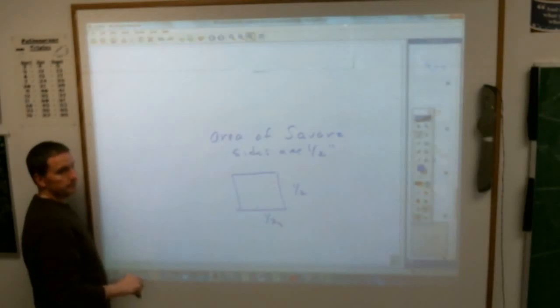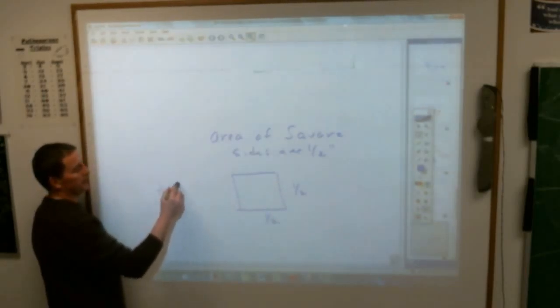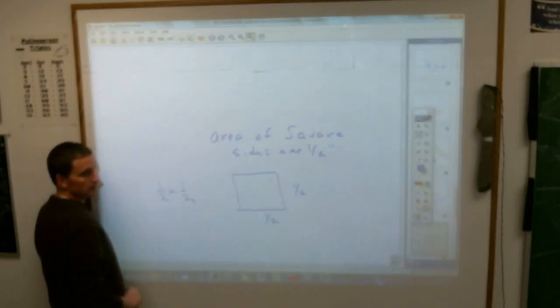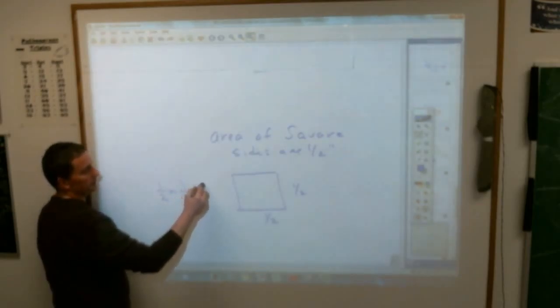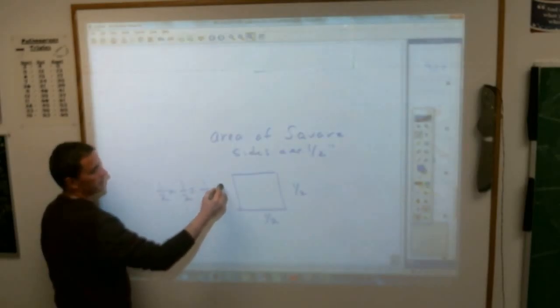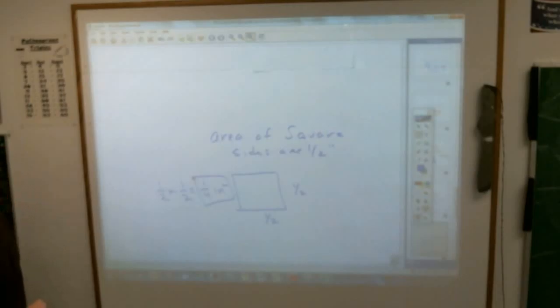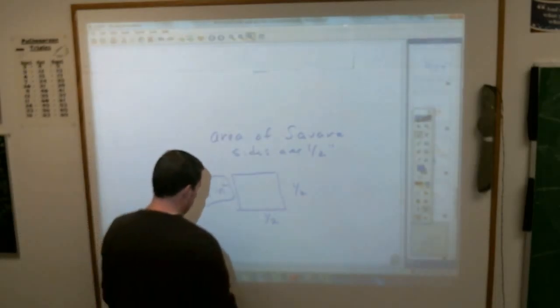Length times width, right, side times side, so it's going to be 1/2 times 1/2. And you end up with the area being 1/4 of an inch squared. Perfect.